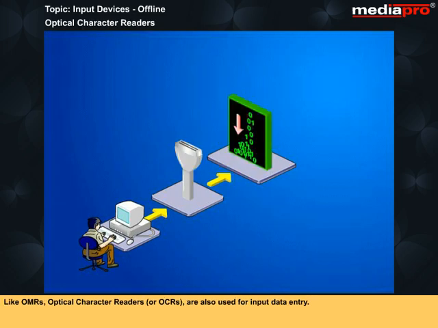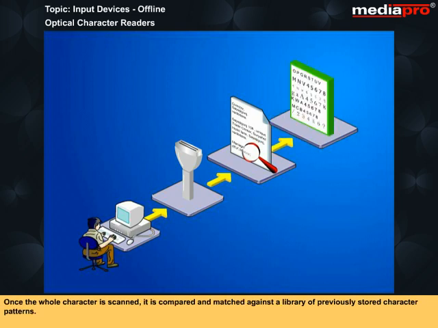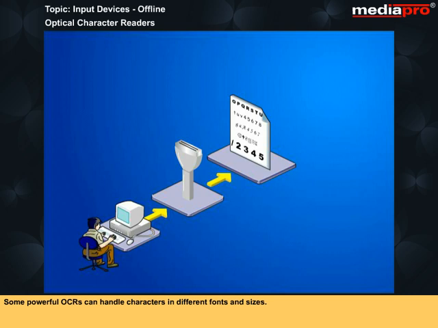Like OMRs, optical character readers, or OCRs, are also used for input data entry. They work on the principle of scanning characters, as though they were made up of a collection of tiny spots. Once the whole character is scanned, it is compared and matched against a library of previously stored character patterns. Some powerful OCRs can handle characters in different fonts and sizes.